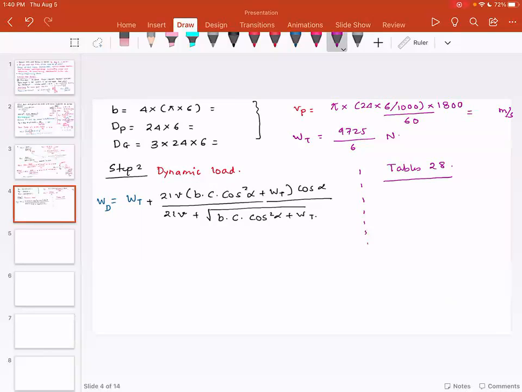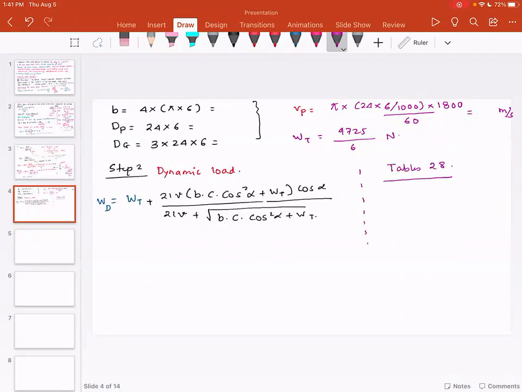In spur gear design, if you look at the equation for dynamic load, we want to find out the value of C. So I'm gonna give you a minute to look at the table.